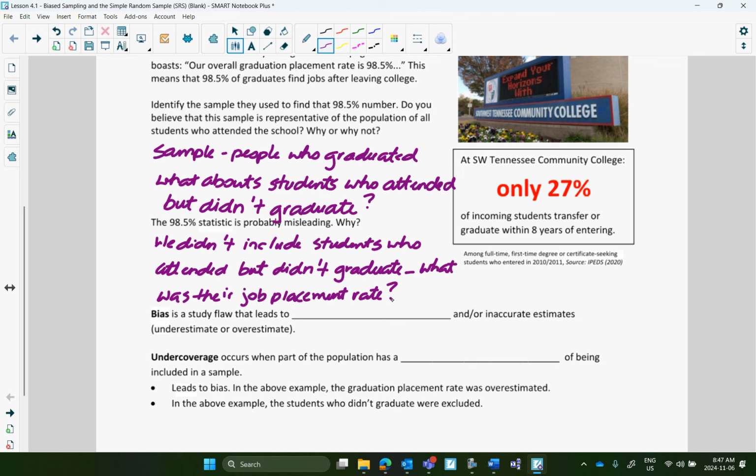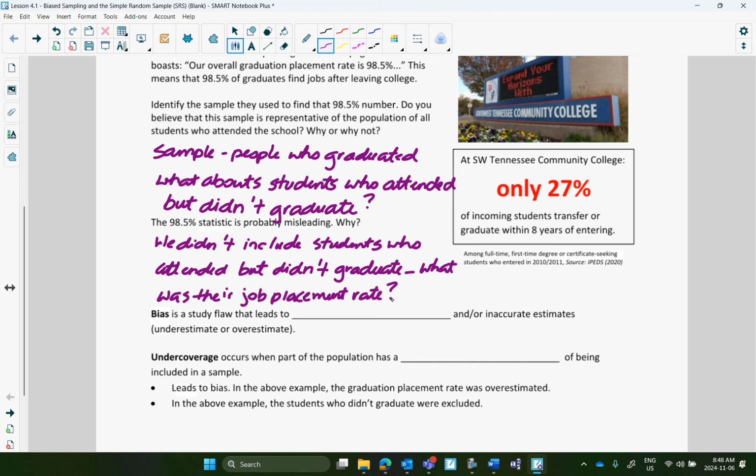Chances are not as high as 98.5%. Okay, because maybe they didn't graduate because they just ran out of money and they could no longer afford to attend, or maybe there was some other circumstance where they couldn't attend school anymore.